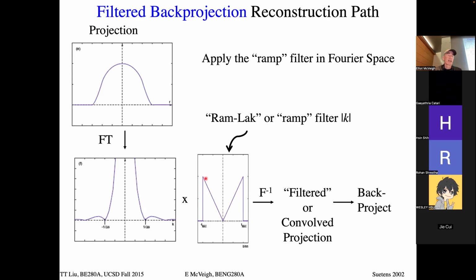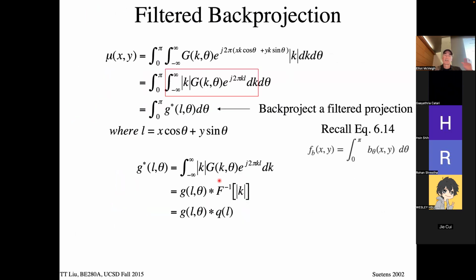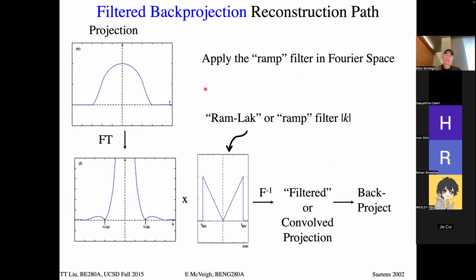So we multiply those things together, just like in the formula on the previous page. And then we take the inverse Fourier transform of the product, and that gives us the filtered back projection, the same thing, the G star L theta, right?